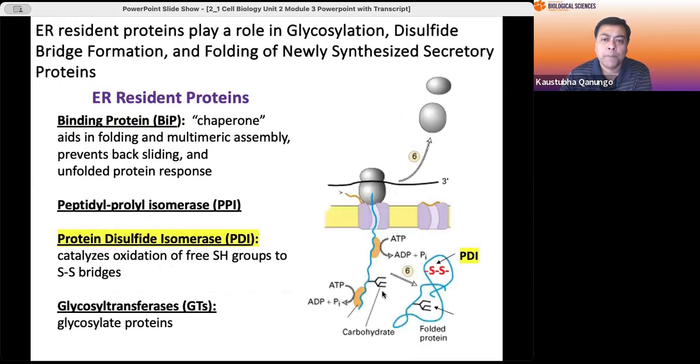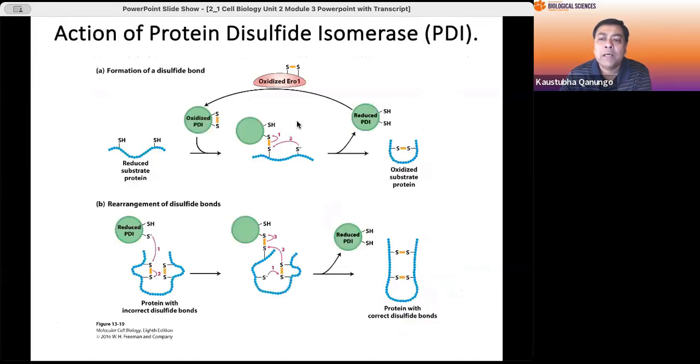Mechanism not required. The next one, protein disulfide isomerase or PDI. Just remember that it helps to form or reform the disulfide bridges. So again, protein disulfide isomerase, PDI, you do not have to go into any of the mechanisms of these, but what is shown is that disulfide bridges were formed in different parts, and it's rearranging these with the correct disulfide bonds.